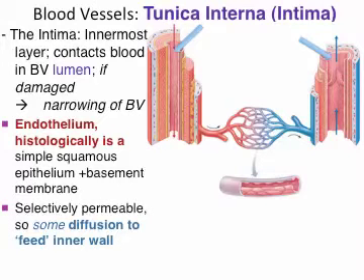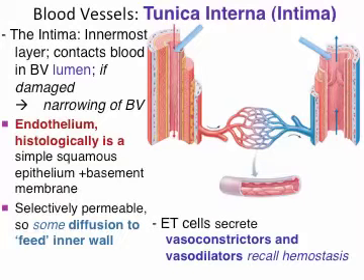The endothelium is selectively permeable, and we'll talk about this later when we talk about diffusion of molecules across the capillary. But the endothelial cells are selectively permeable. So some things can diffuse through their walls, the endothelial cell walls, and some cannot.